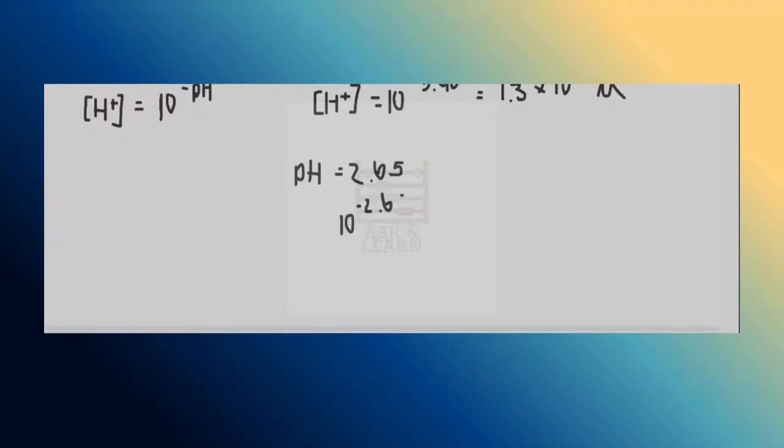If we're considering the sig figs, same thing, two digits after the decimal point. We want two digits in our answer. And then this should come out to 2.2 times 10 to the negative 3. And then make sure that you're remembering your units. So we'll do capital M for molar.